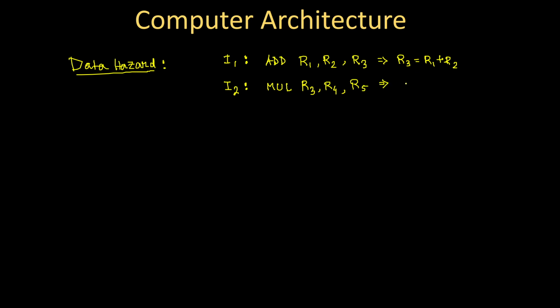In a similar way, it means R5 equals R3 times R4. Okay. Now see, if I pass these two instructions through pipelining, the instructions will run in parallel, right? So let's see what will happen.